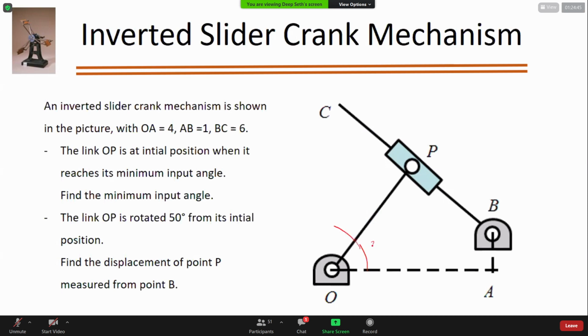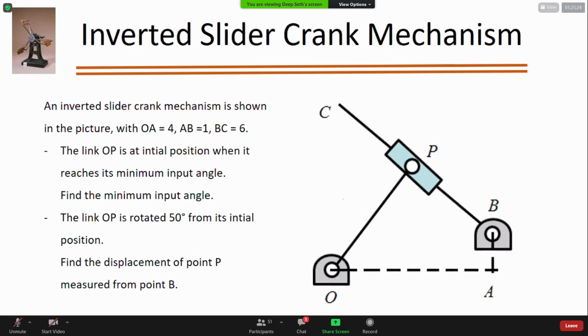So, let's say if this is 30, it's rotated a further 50 and it reaches 80 or so. This is just an example, not the actual value. When the link OP rotates 50 degrees from its initial position, find the displacement of P measured from point B, that is, how much it has moved from point B, because your slider is moving on this BC link.